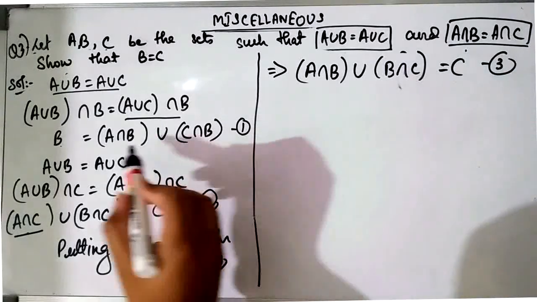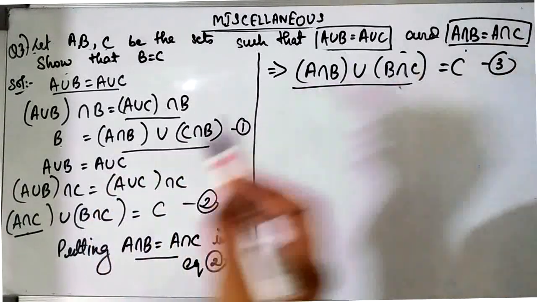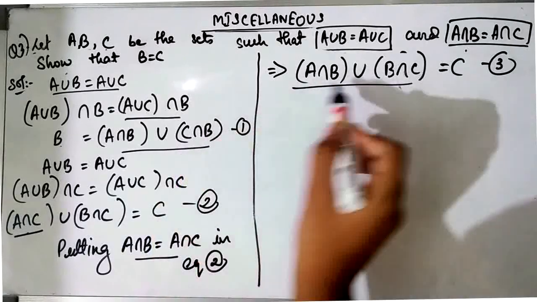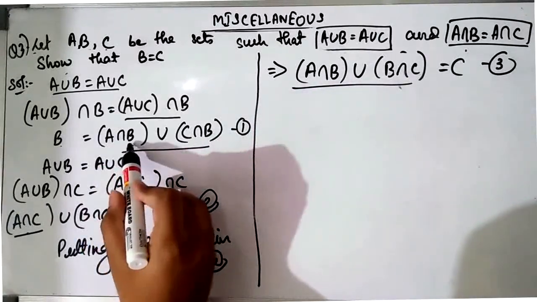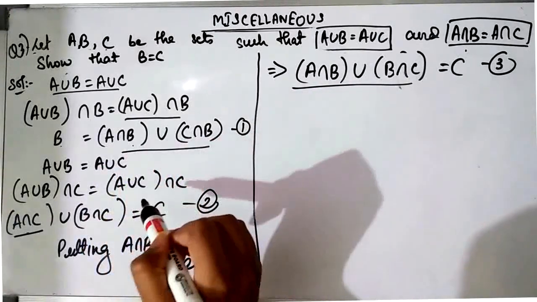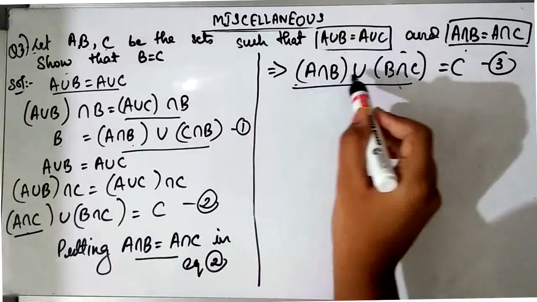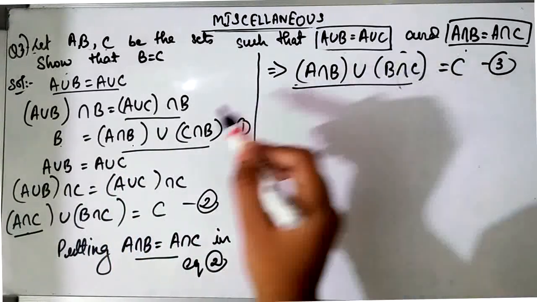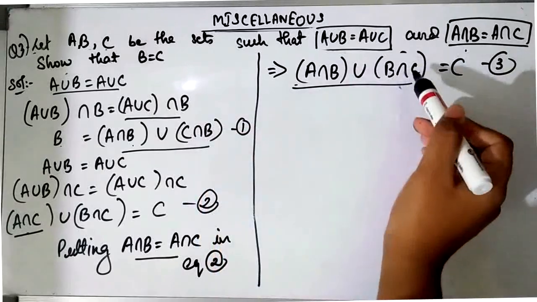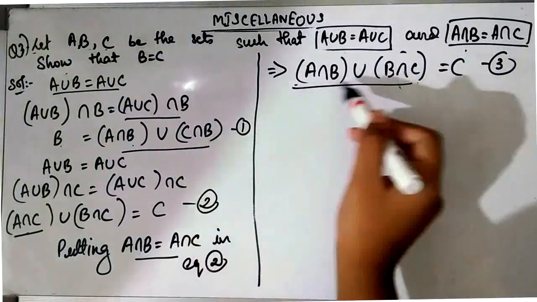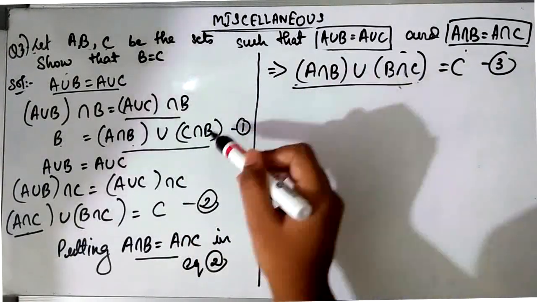Now if you see clearly at your first and your third equation, the same thing is present in both. Over here there's A intersection B union C intersection B, and over here there's A intersection B union B intersection C. Let it be C intersection B or B intersection C, it means the same. So the same thing is present in both equations, 1 and 3.